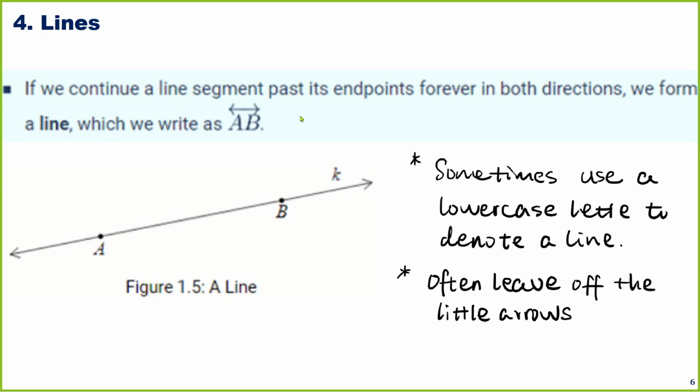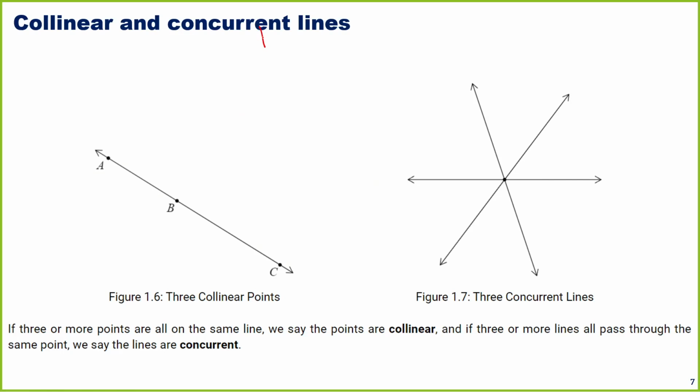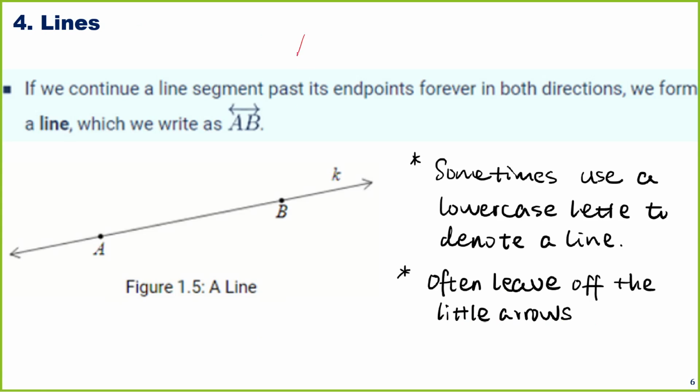All right, next lines. If we continue a line segment past both of its endpoints, forever in both directions, then we can form a line, which we write as AB with a double-direction arrow on top of it. So this indicates a line. Okay?